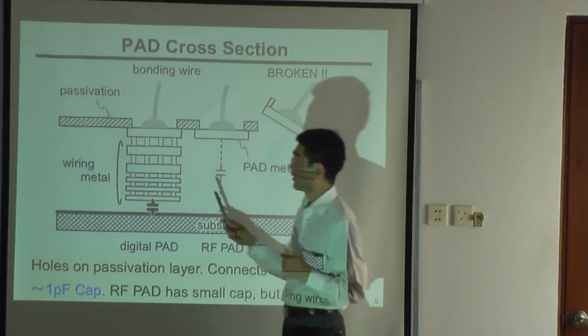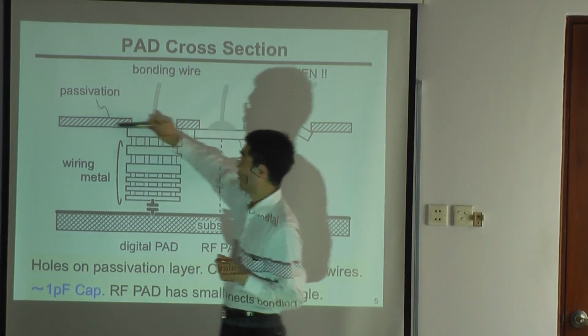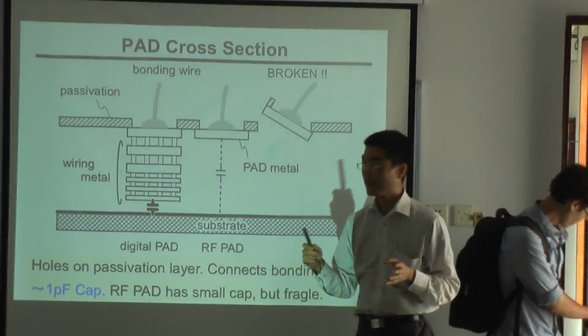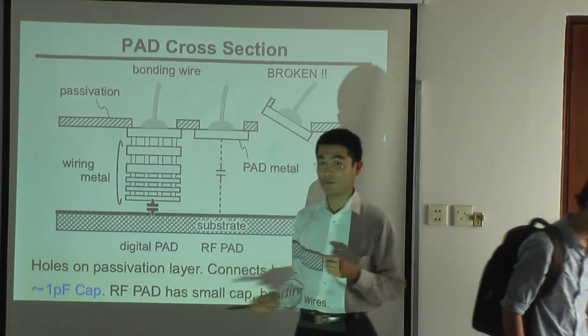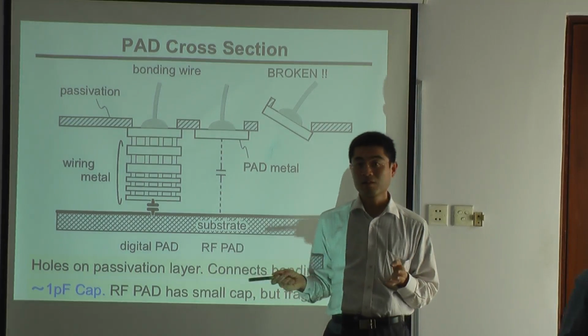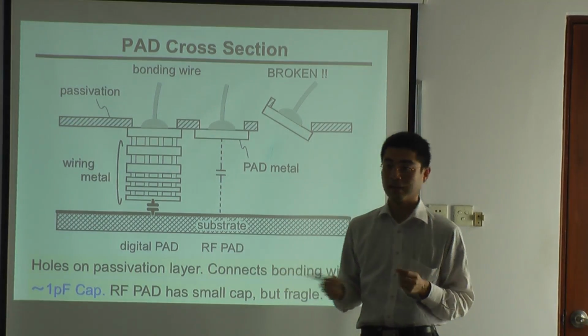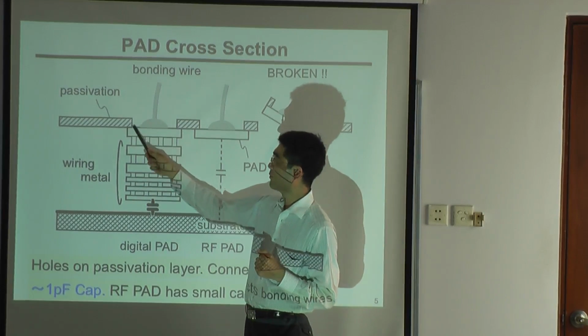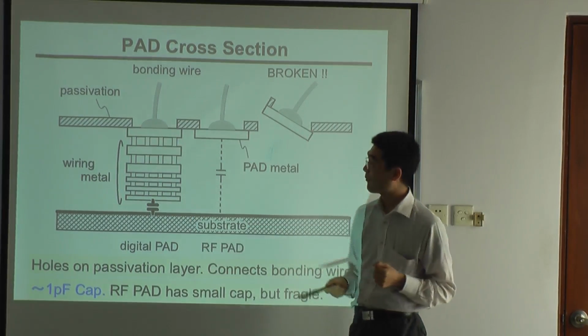And as I told you, there is a glass coating on the surface of the chip in order to protect the inside of the chip from, for example, dust or water. And there is a window for communications.